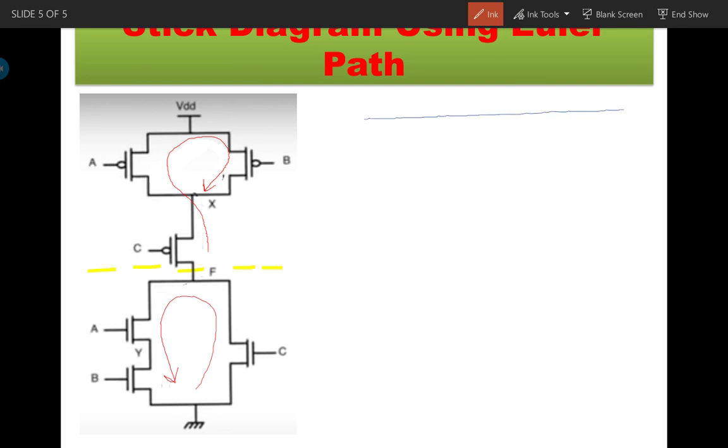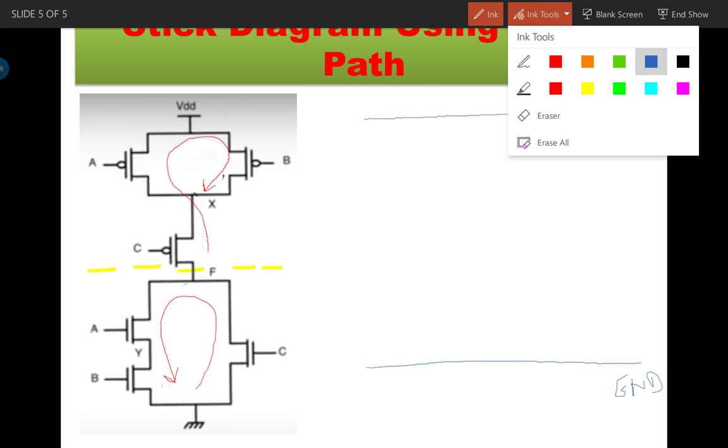Okay, so for that we know for the stick diagram, the blue lines are used for the supply lines, upper for the VDD and lower for the ground. Now on the upper side we require the P diffusion.